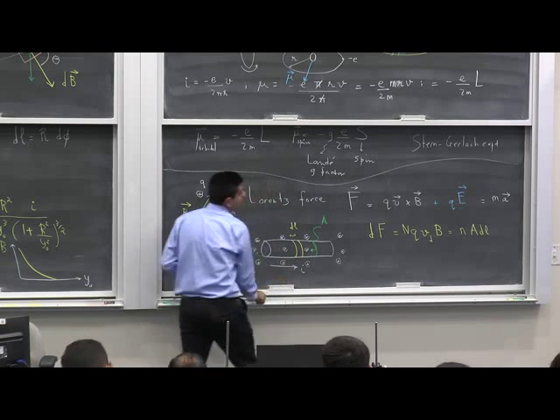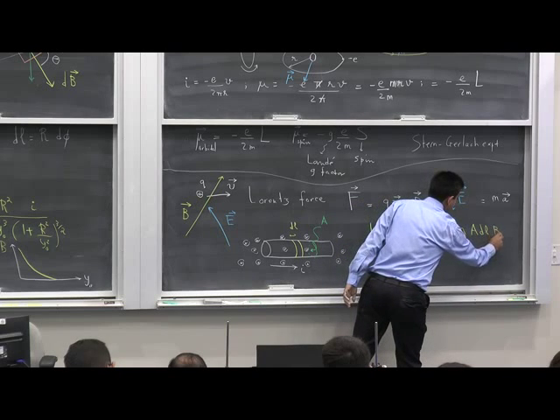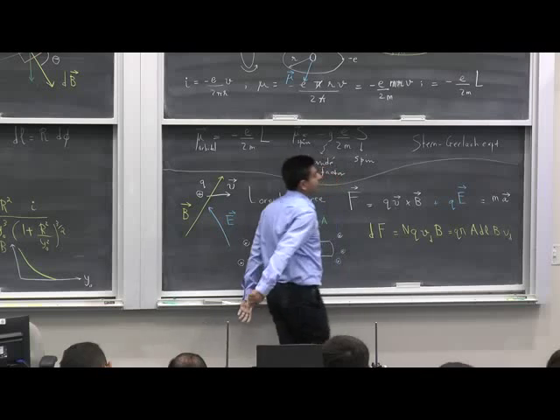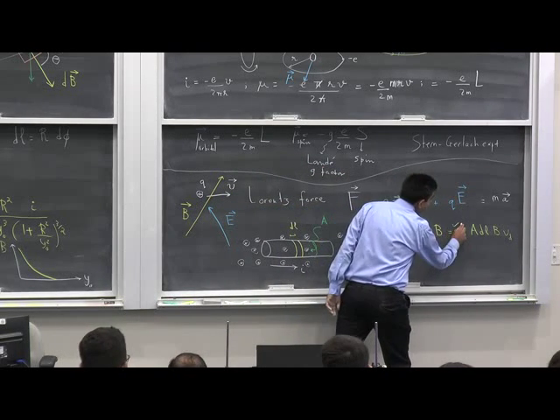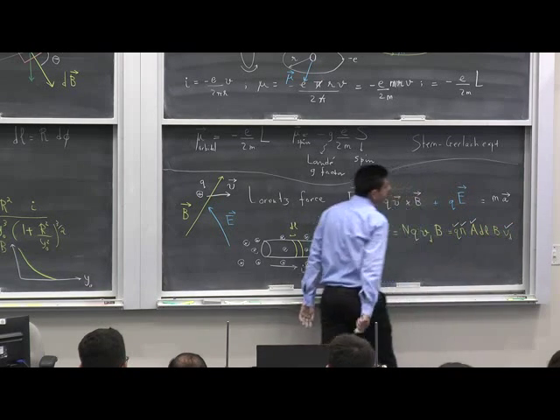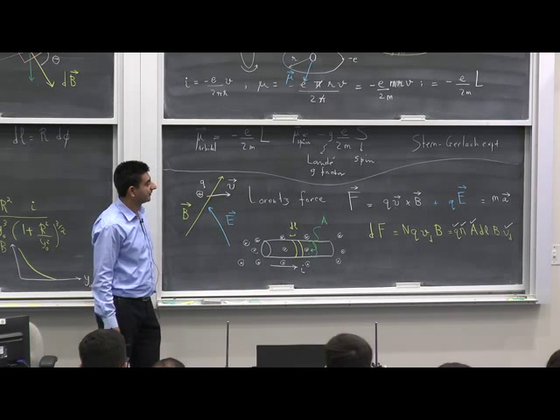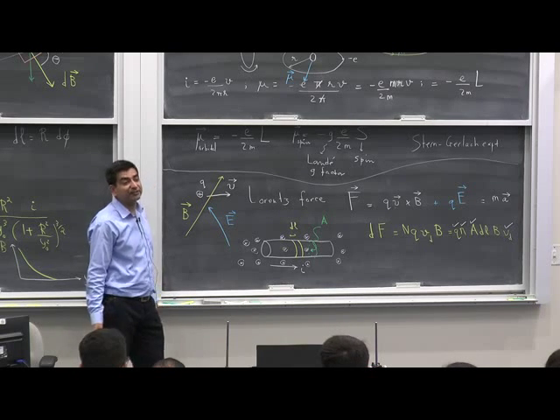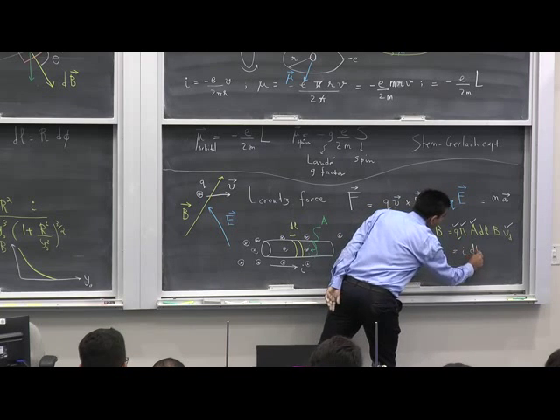This is A into B, into Vd, into Q. But this Q times N times A into Vd is simply, what is this? This is J. This is J into A, which is I. This is a current. This is I dl B.